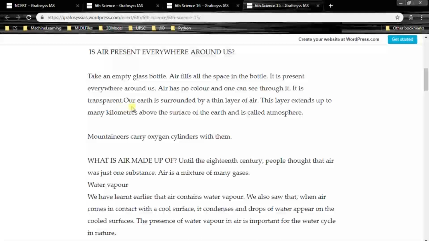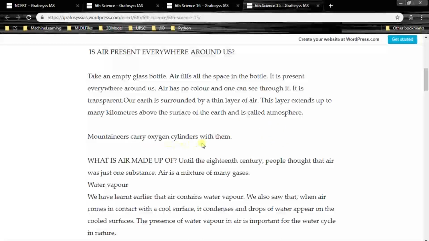It is transparent. Our earth is surrounded by a thin layer of air. This layer extends up to many kilometers above the surface of the earth and is called atmosphere. So there is air around the earth, a very thin layer extending up to several kilometers, and it is called atmosphere.